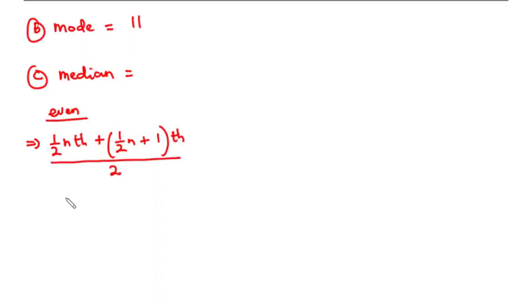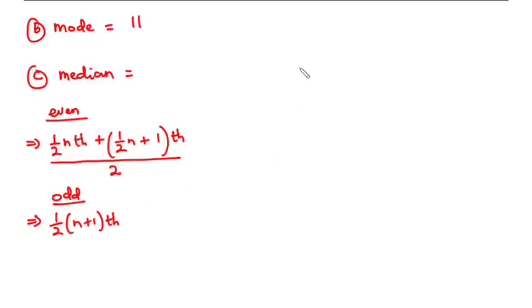Now, if the data set or the frequency is an odd number, then we are going to use the formula (1/2 times n plus 1)th. Now, the th attached to each term means that we are considering the position of the value. Now, from the position of the value, we can derive the value itself.